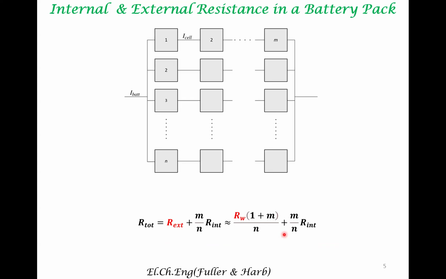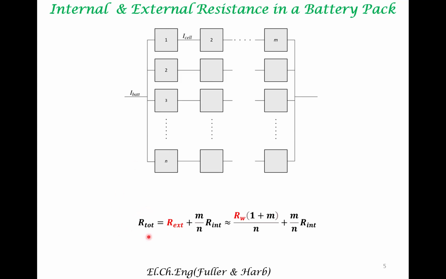The overall resistance is determined not only by R internal, that is the resistance inside a particular cell, but also by the resistance contribution from the interconnects. There are wires that are connecting each of these cells, and there is wire connecting these regions of the battery pack.